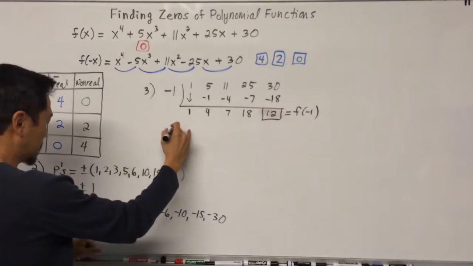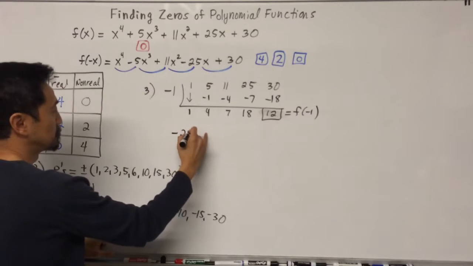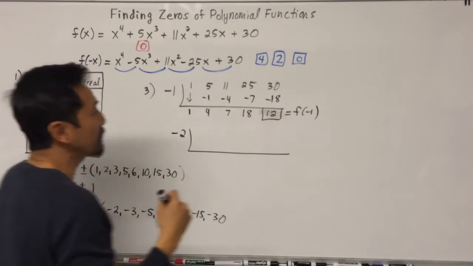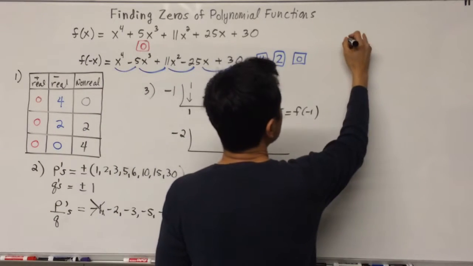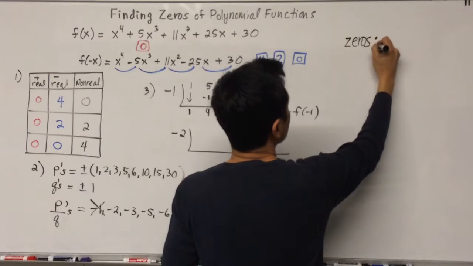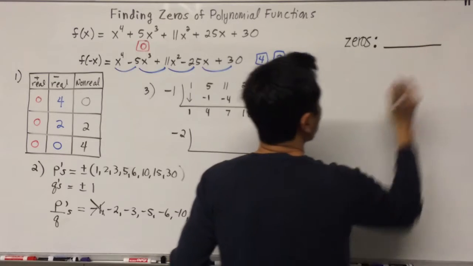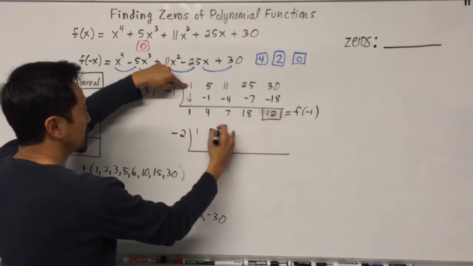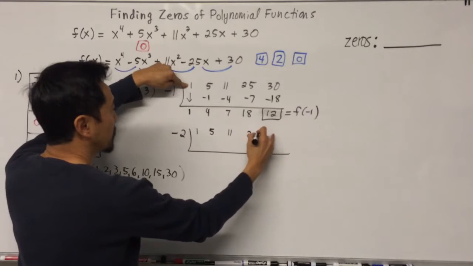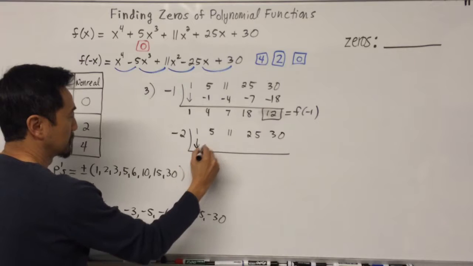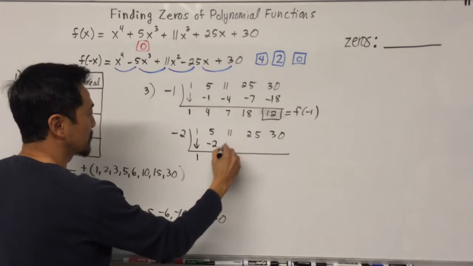And then we'll try the -2. Okay, now, every time I find a 0, I'm going to put it up here in this little top right-hand corner. Okay? So, put back in the coefficients of f and perform your synthetic division.